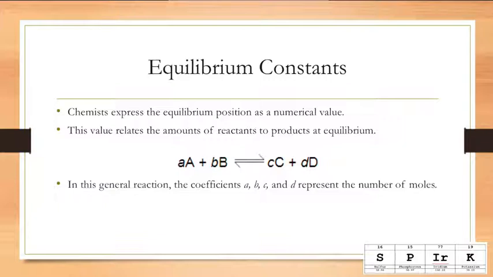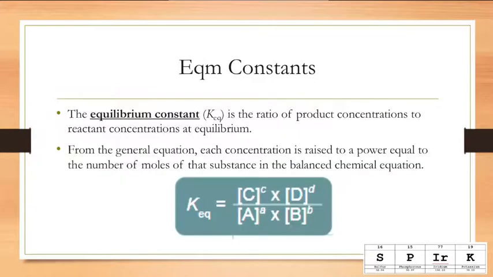Chemists express the equilibrium position as a numerical value. This value relates the amounts of reactants to products at equilibrium. So in this general reaction above, the coefficients A, B, C, and D represent the number of moles. The equilibrium constant, or Keq, is the ratio of product concentrations to the reactant concentrations at equilibrium.